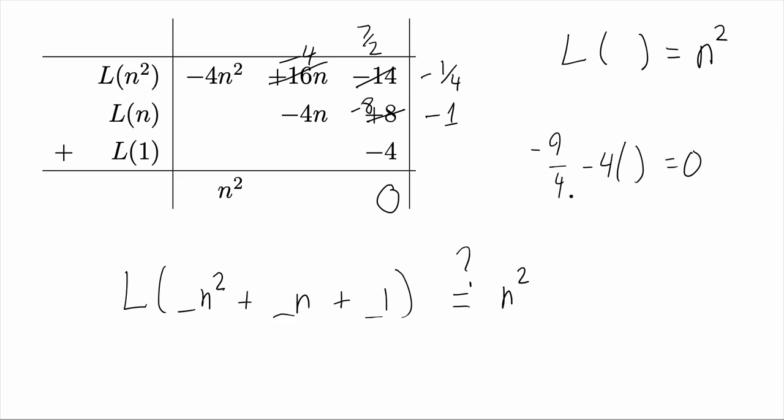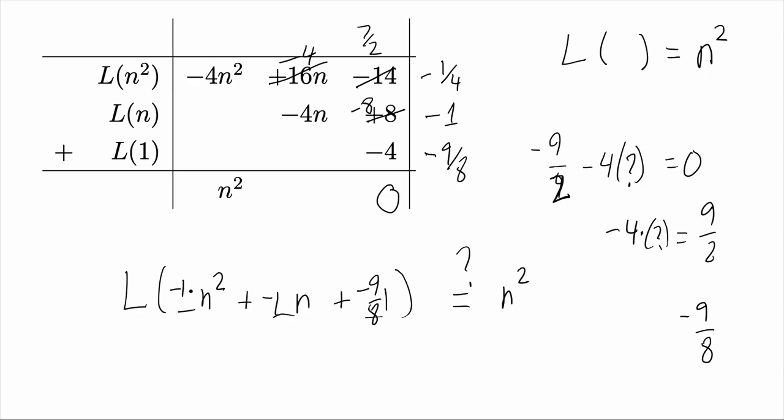So 9 halves on this side is equal to negative 4 times something. You can divide that over, and you get negative 9 eighths. There we go. These are our constants that we need: negative 9 eighths, negative 1, and negative a fourth.